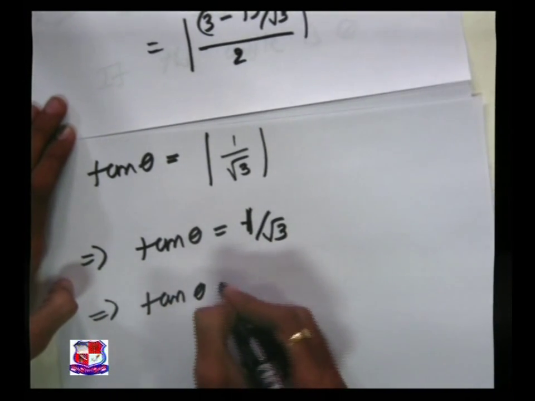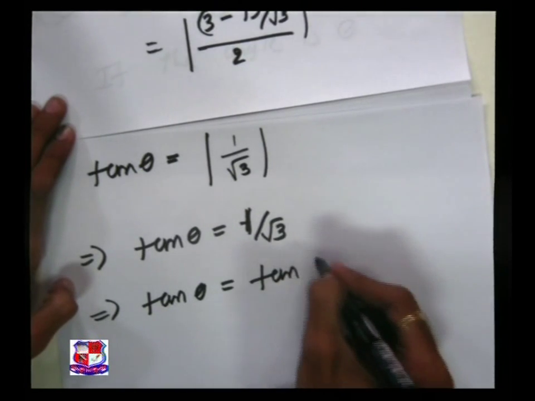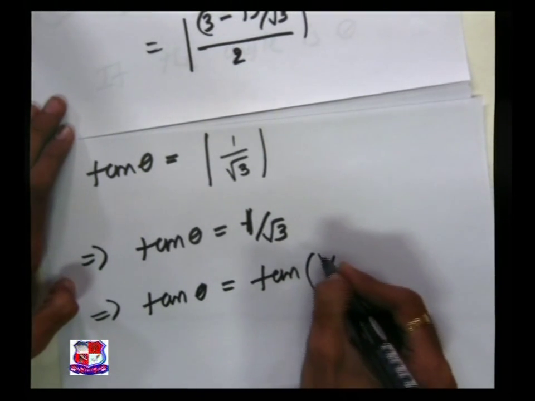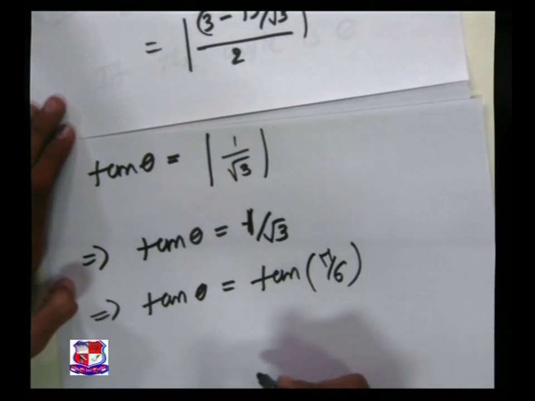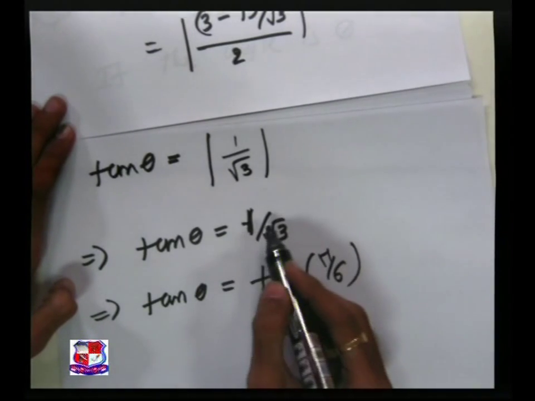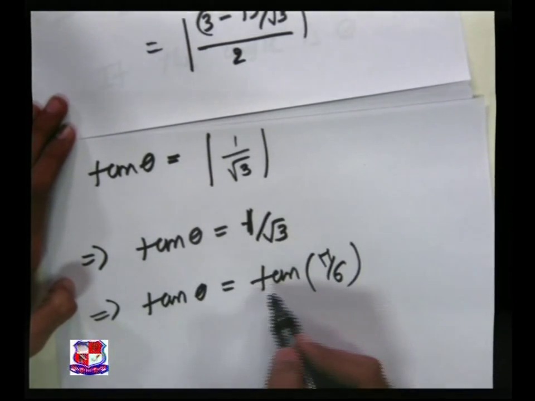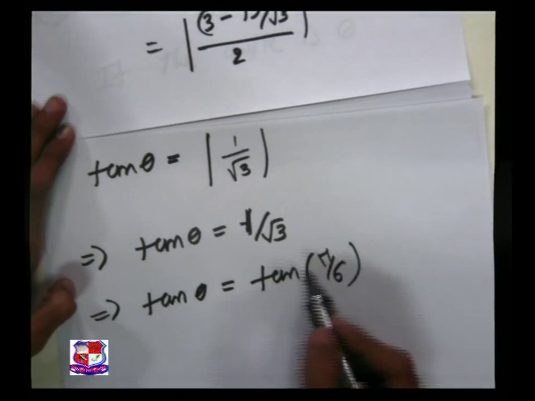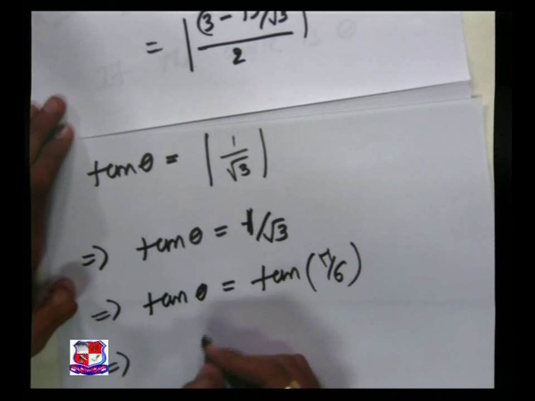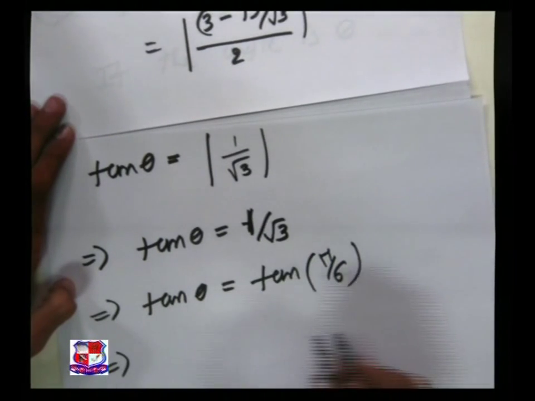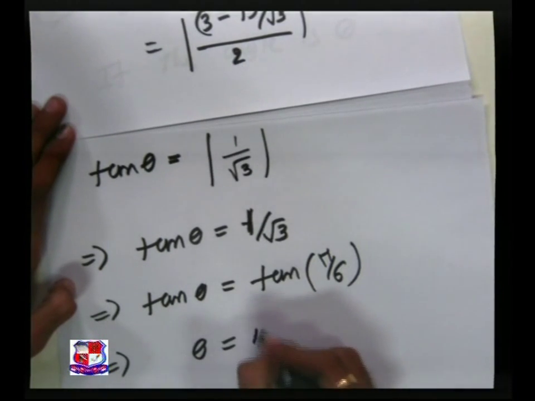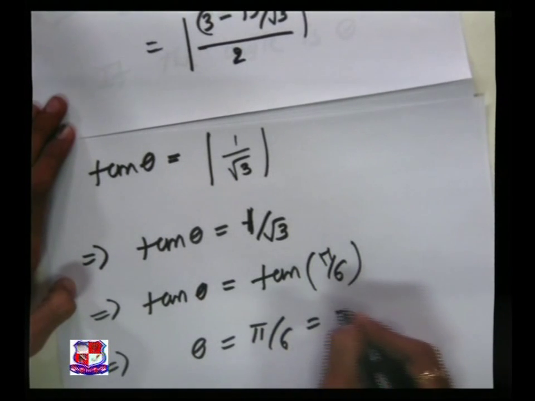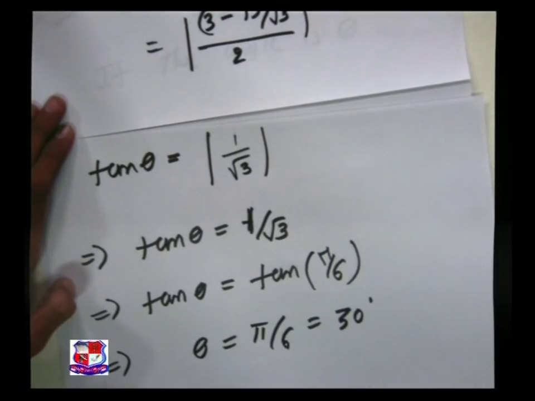We know that tan π/6 is equal to 1/√3, so I can put 1/√3 equal to tan π/6. So tan theta = tan π/6, then theta = π/6, or I can say 30 degrees.